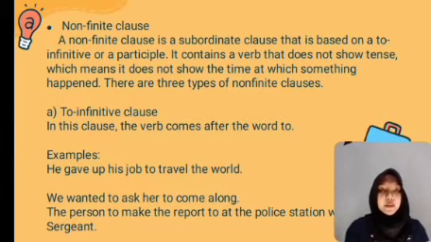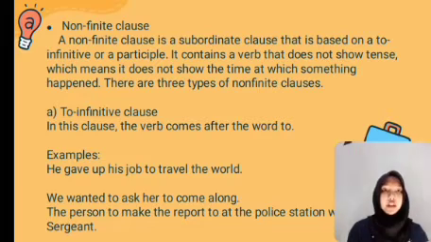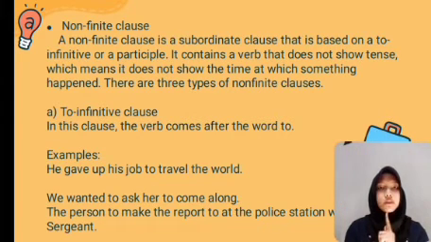There are three types of non-finite clause. It is different from a finite clause, because a finite clause is about past tense and present tense.